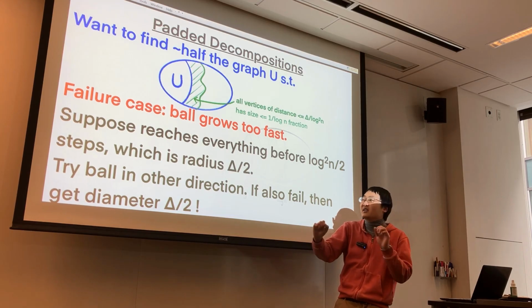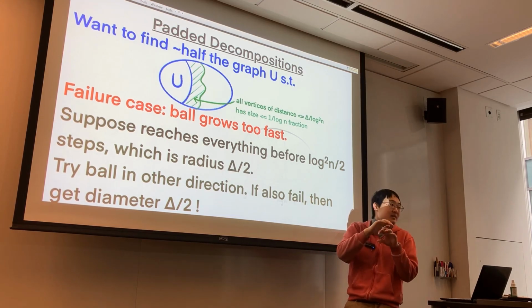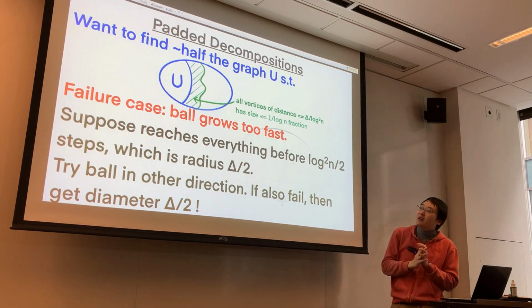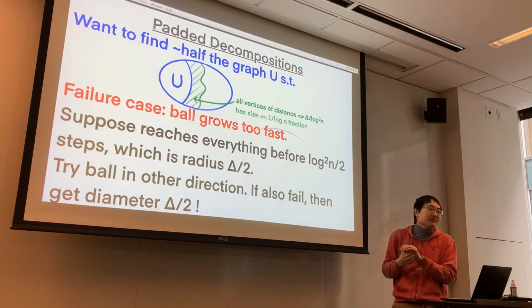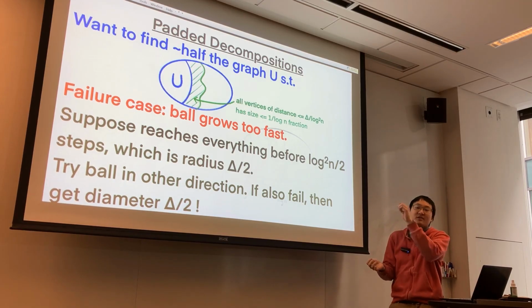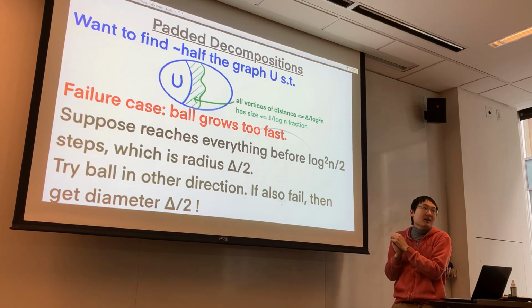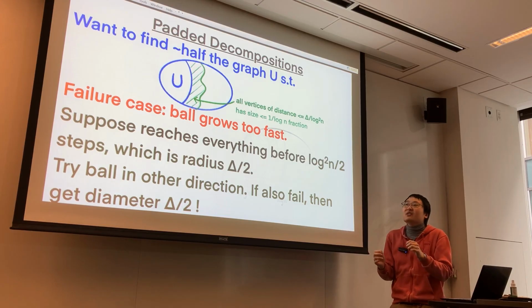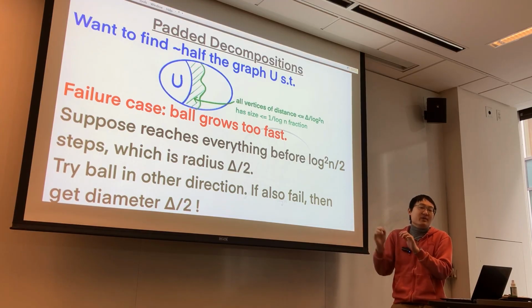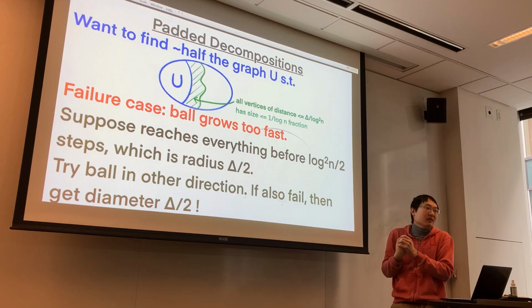If you grow them in parallel, you spend time proportional to whatever the smaller ball is, so you're still okay. Then you cut that ball, whether it's an out ball or an in ball, and repeat: choose another vertex and do the same. After some point, either the total in ball size or total out ball size exceeds maybe 1/4 or something, at which point you have a balanced partition.